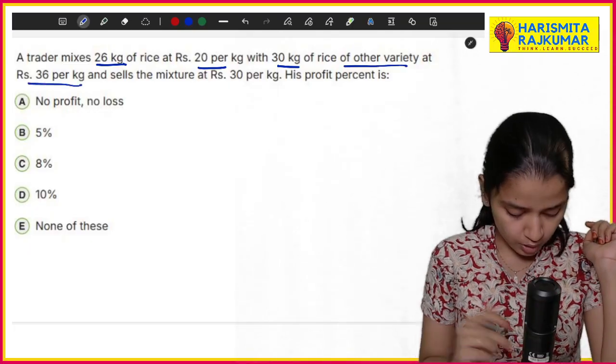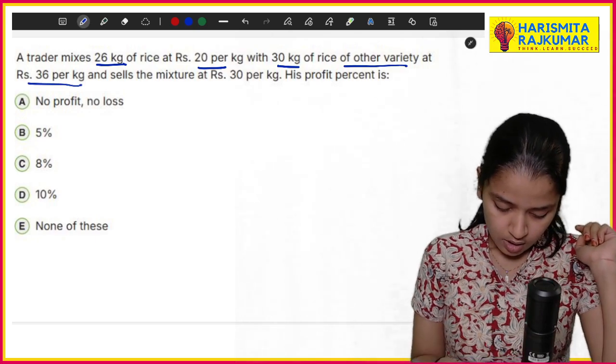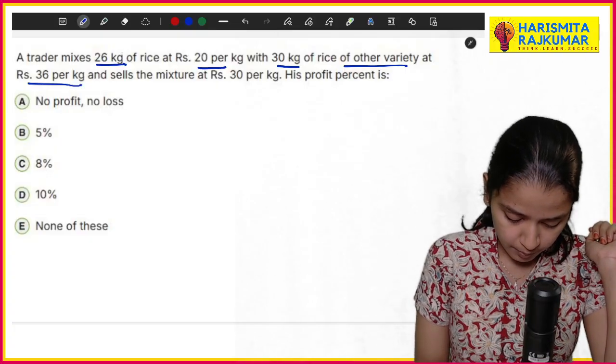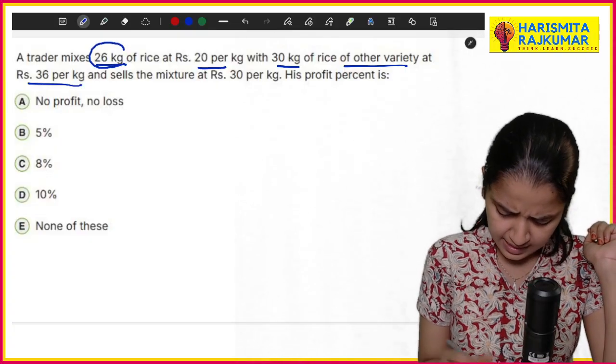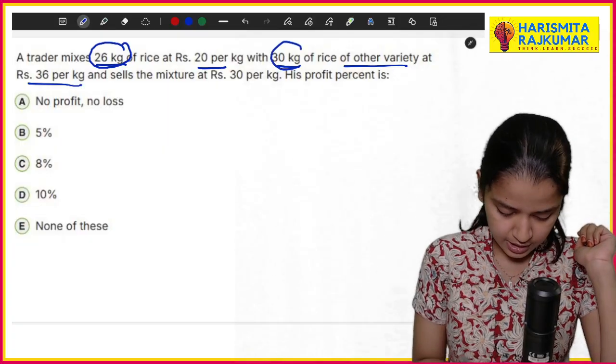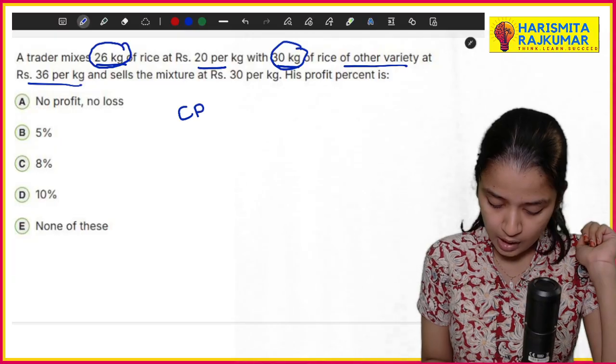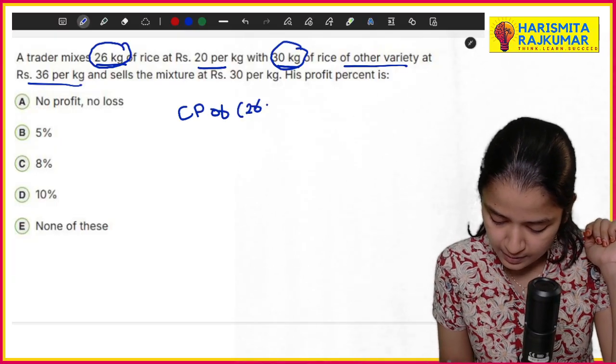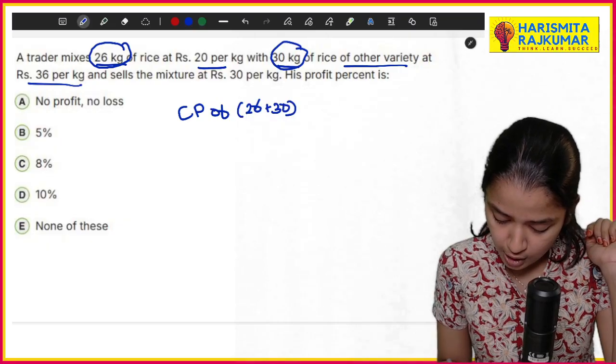Now he sells it. Let us see the total quantity. He has 26 kg and 30 kg, so the total is 26 plus 30, which is 56.